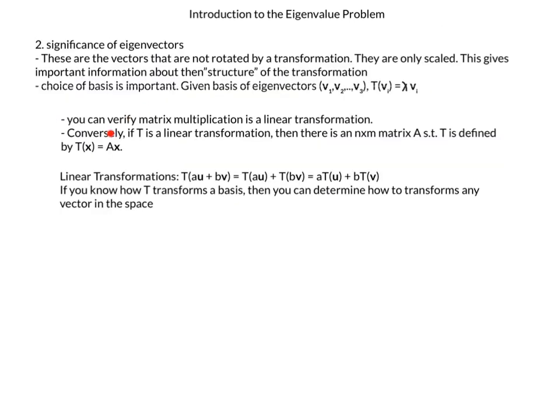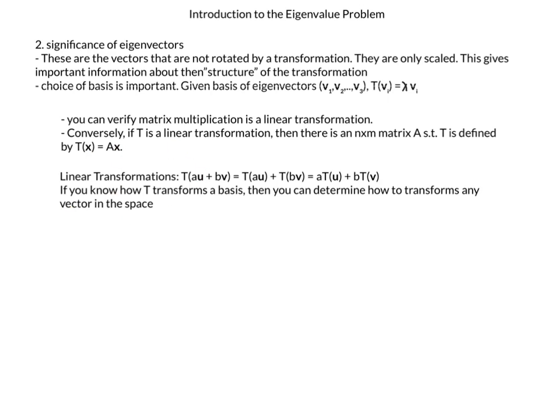Here are the 2 facts we are going to use from our video about linear transformations. First, matrix multiplication is a linear transformation, and second, if T is a linear transformation, then we can represent it with a matrix A. So if we're talking about the eigenvector eigenvalue problem, we're talking about matrices and transformations.